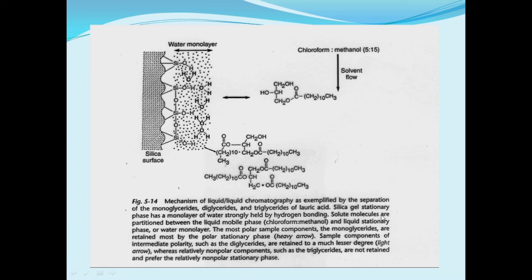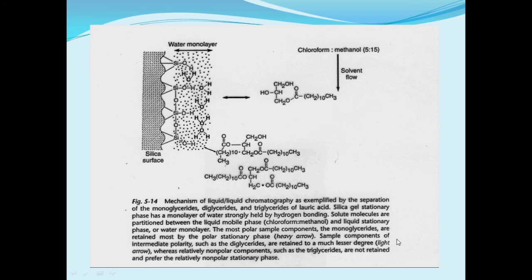Solute molecules are partitioned between the liquid mobile phase, that is chloroform methanol, and the liquid stationary phase or water monolayer. The most polar sample component, the monoglycerides, are retained most by the polar stationary phase. This is shown by the heavy arrow.